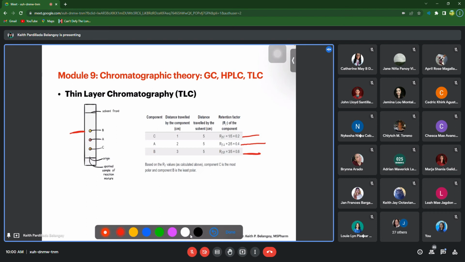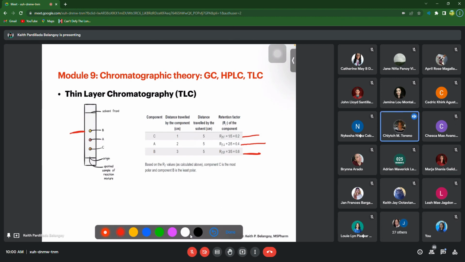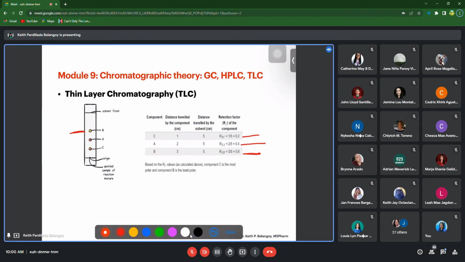So, is Torino here? Yes, Miss. As Paninaho mentioned earlier, can you tell us, if C traveled the shortest distance, what does that mean? Polar or non-polar? If its RF value is small, what does that mean?